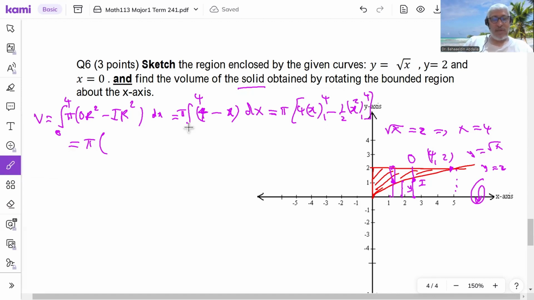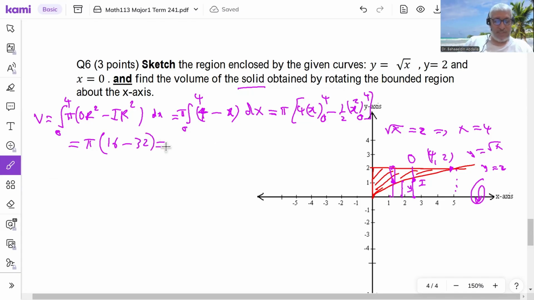See, you have to write clearly so you don't make mistakes because of your handwriting. So from 0 to 4, 4 minus 0 is 4, times 4, that's 16. And here 4 squared is 64 minus 0, 64 over 2, that's 32.